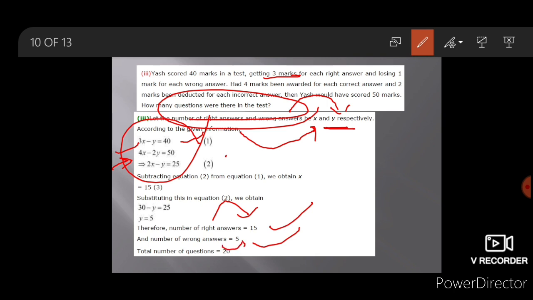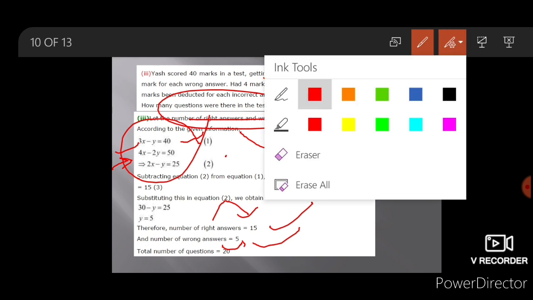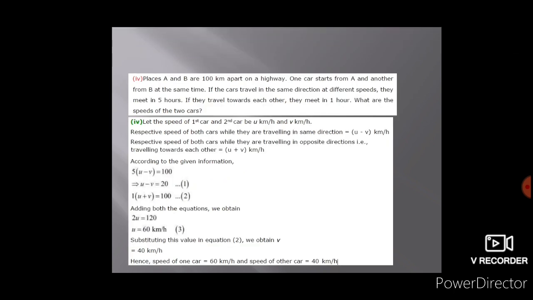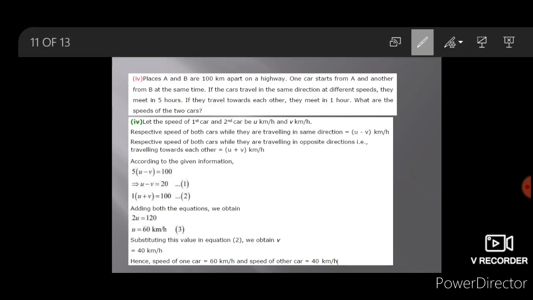Therefore the total number of questions in the examination is 15 plus 5, which is 20. Getting this point? This is the complete question. If you do not write this last step, 20, you will not get full marks in the board examination.